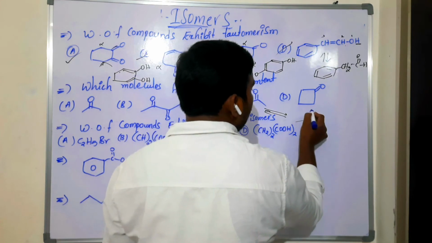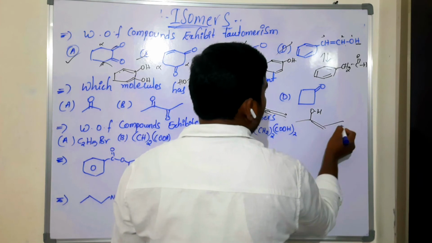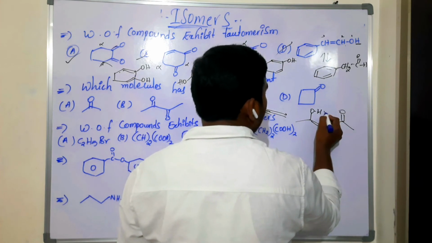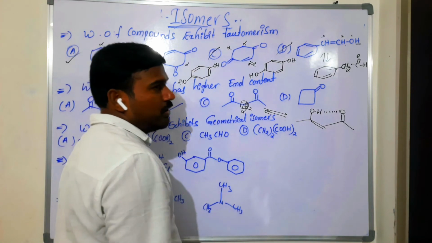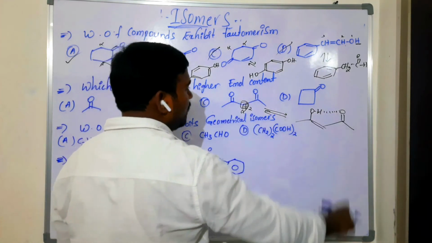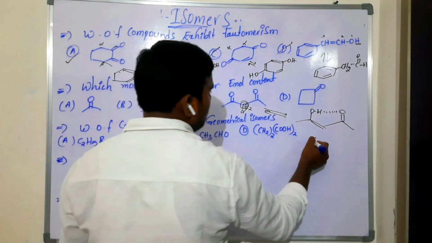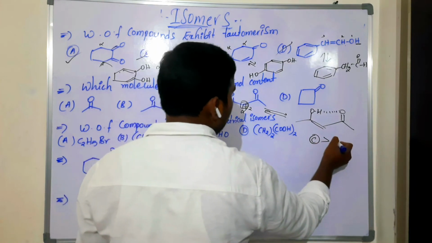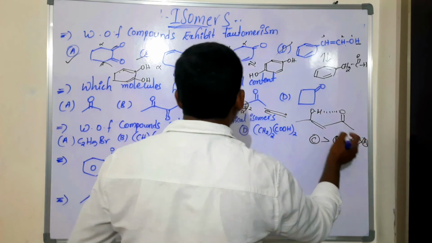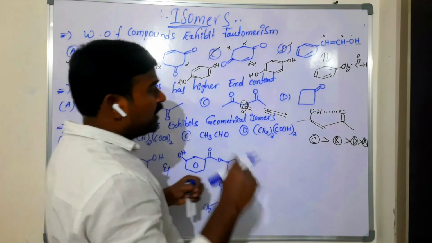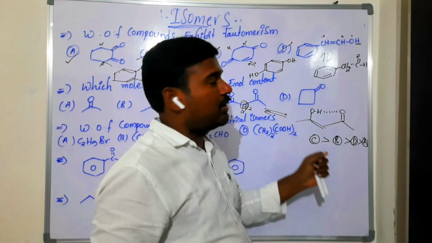So due to formation of the enol, what happens? OH, double bond, so here double bond O. In between this oxygen and hydrogen, hydrogen bonding is present. Now compared to these, C has the most enol content, after that B, after that D, after that A. Here D and A have more enol content, since cyclic compounds readily participate in tautomerism compared to open chain compounds.